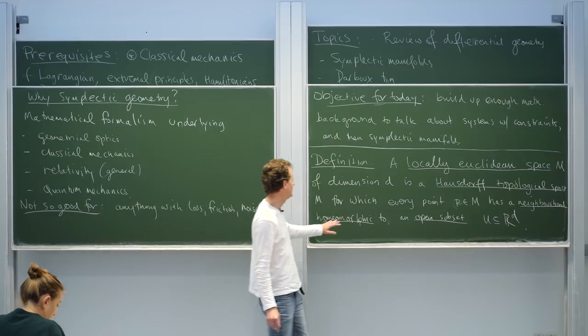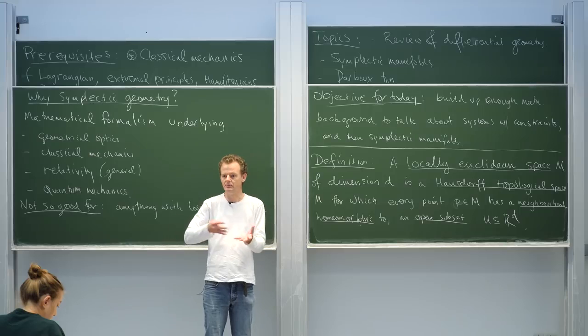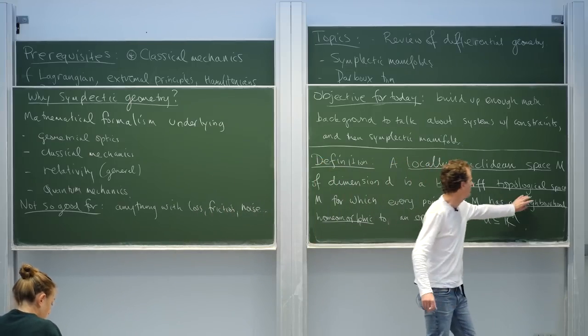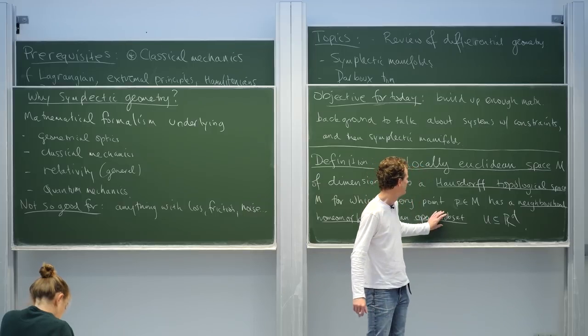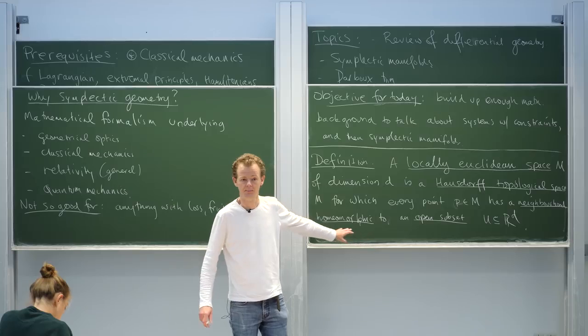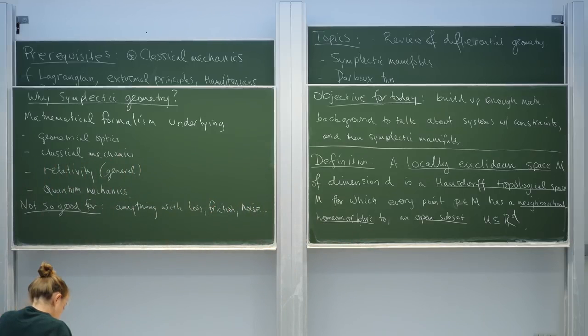That is captured by the word homeomorphic, which just means continuously: there's some continuous map from some region around the point to some bit of Euclidean space. So if you can hold on for that definition, then it gets successively better, I hope, in this course.